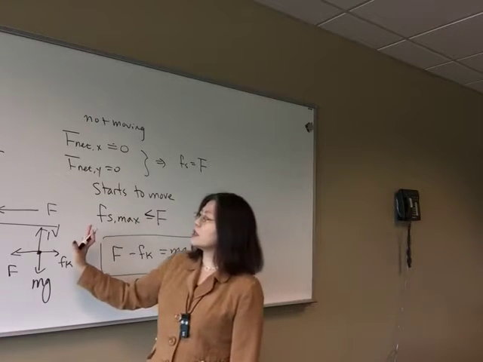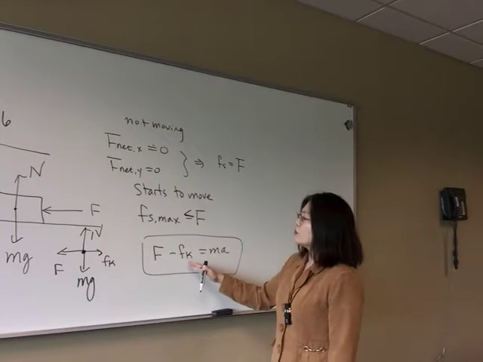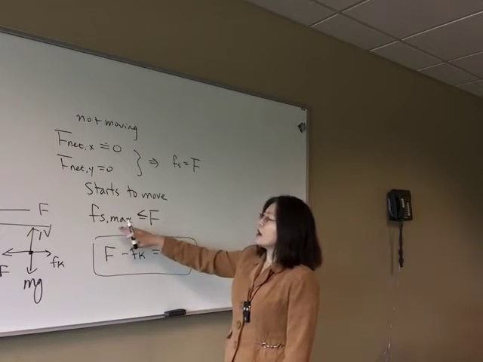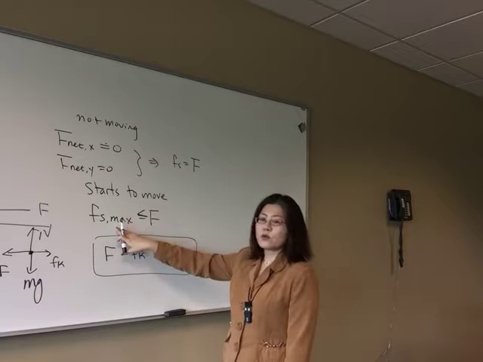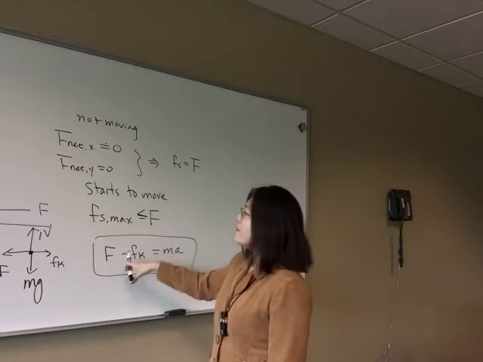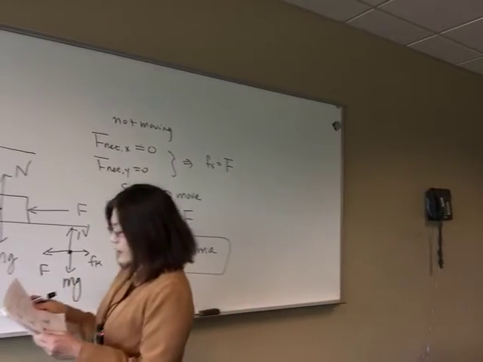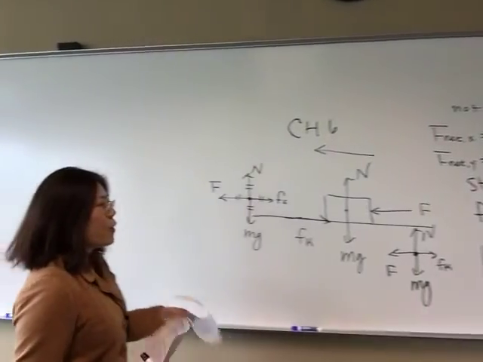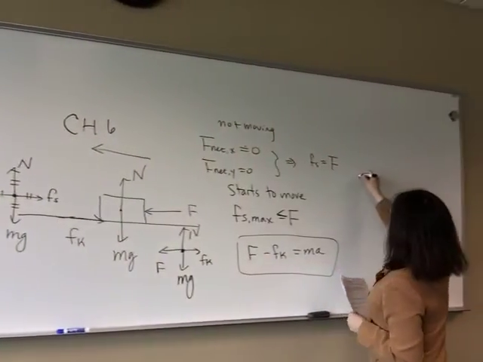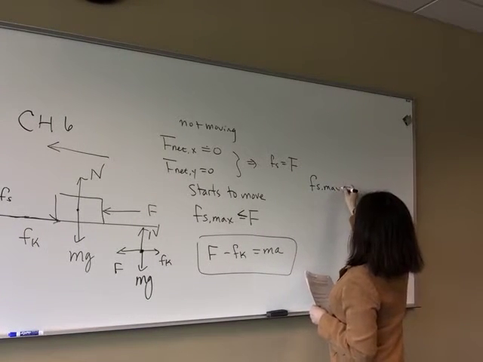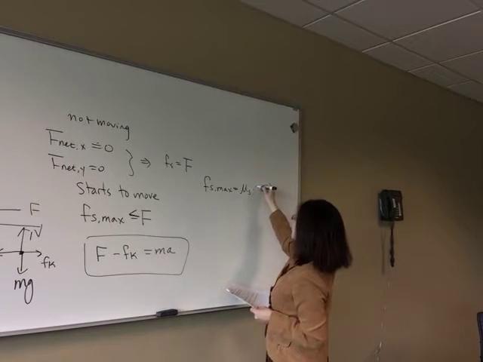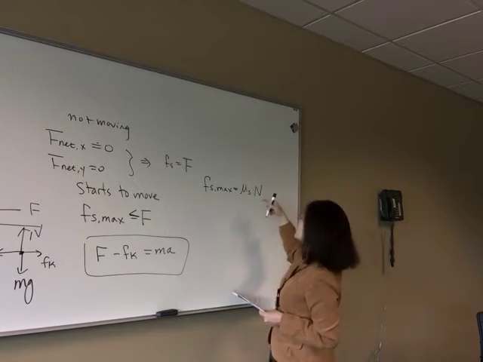Once it starts to move, the friction force becomes the kinetic friction. So the question is, how do we find the magnitude of the frictional force when it's maximum static friction or when it's kinetic friction? This is how you do it. The maximum static friction can be calculated using mu s times the normal force. So what is mu s?